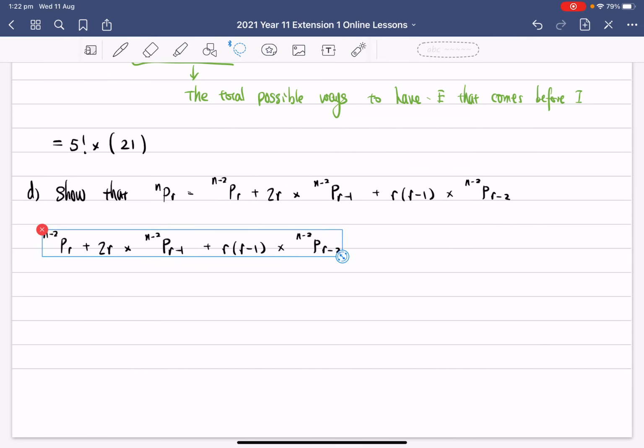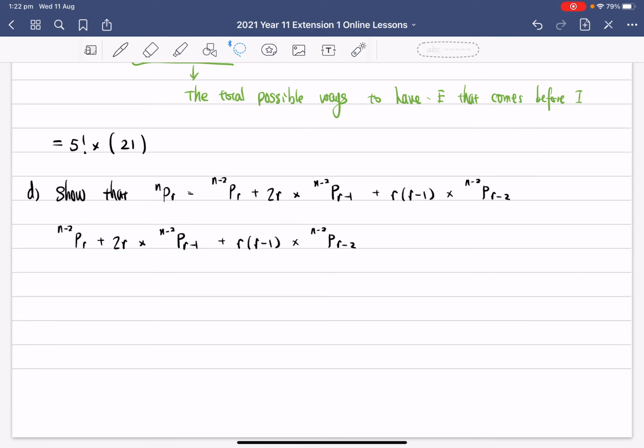All right, so how are we going to do it? We're going to start from the right-hand side, of course. You always start from something that's hard to do, okay? And for each of the terms here, we need to change that into the correct formula. So that becomes (n minus 2) factorial over (n minus 2 minus r) factorial.